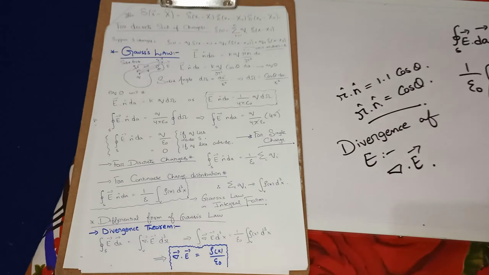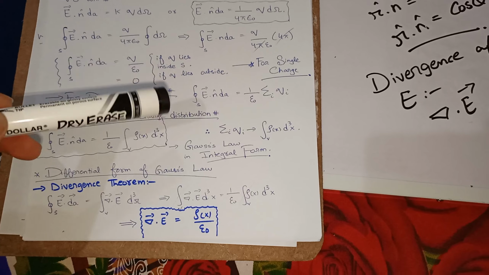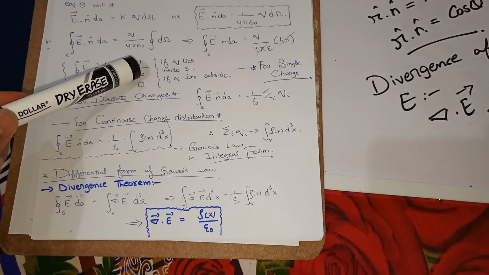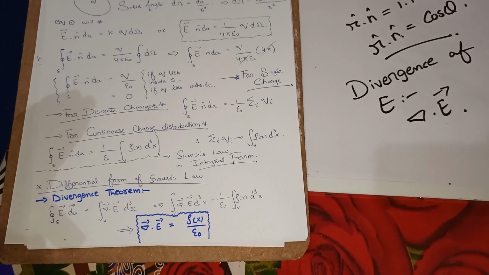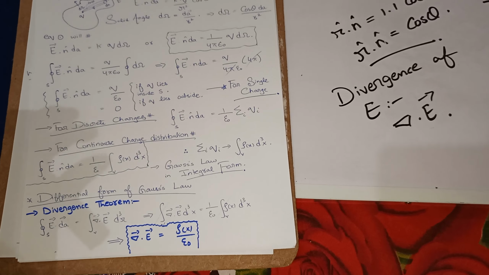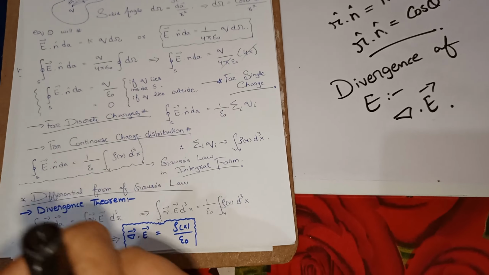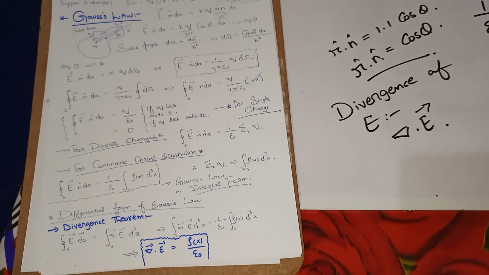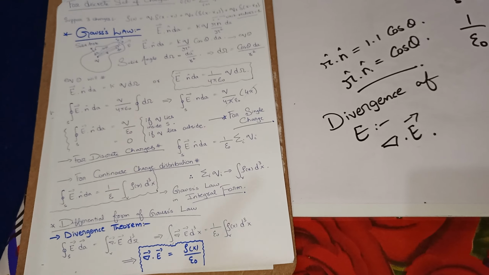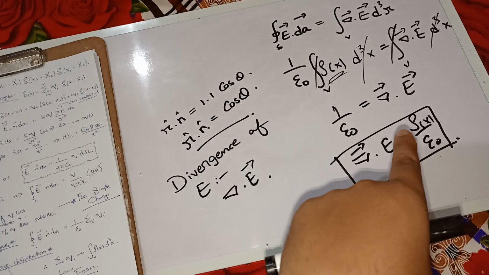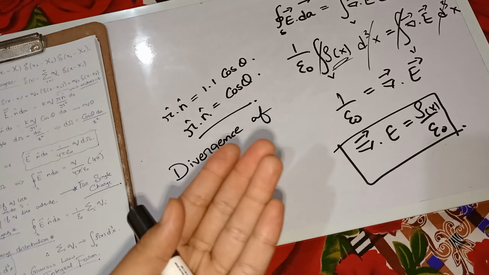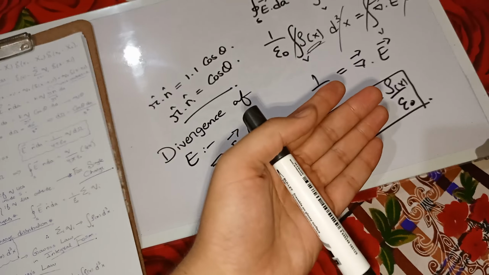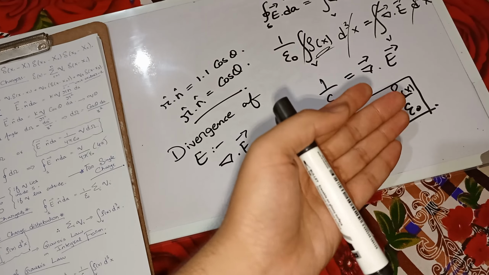In Gauss's law, you see there is charge per epsilon naught if there is one charge. But what if there are n number of charges, meaning many charges? Then you will take the charge density, the number of charges per unit volume. It becomes rho, and when you take the divergence for many charges, your final result is charge per epsilon naught.